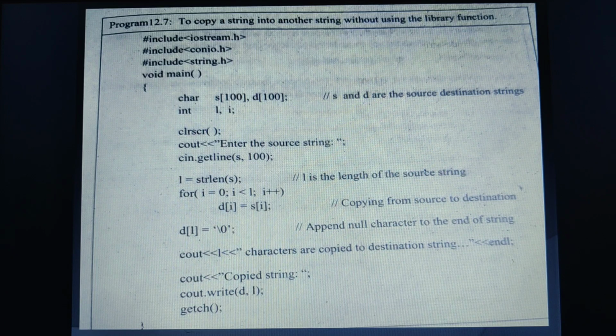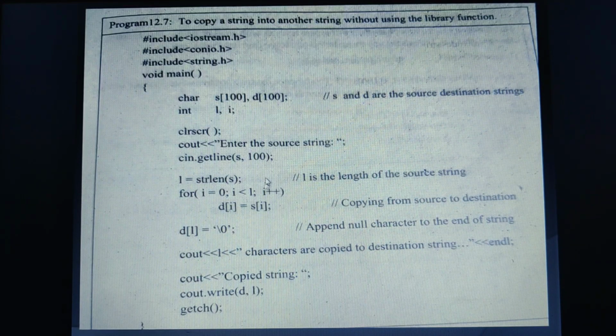Now we need to copy the contents from source to destination, from one string to another string. Whatever string we asked the user to enter and stored in the string known as S, all those contents have to be copied into the other string known as D. We need to copy the contents of the S string to the D string, that is, source string to destination string.